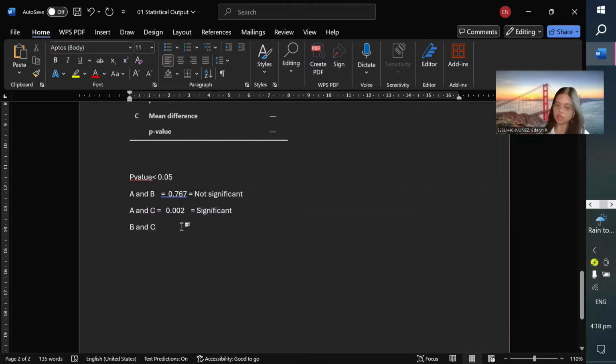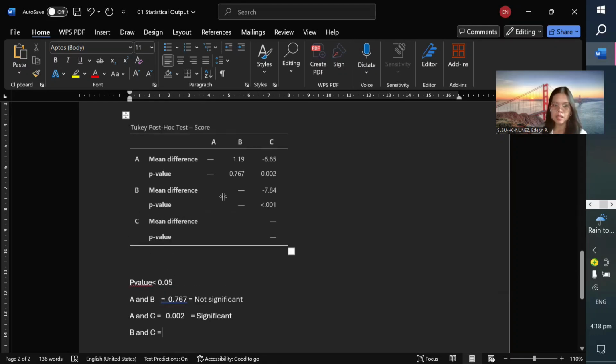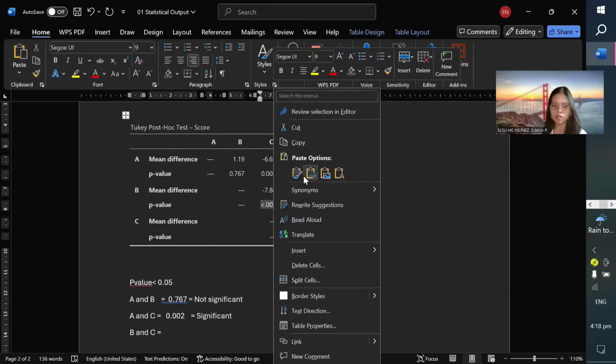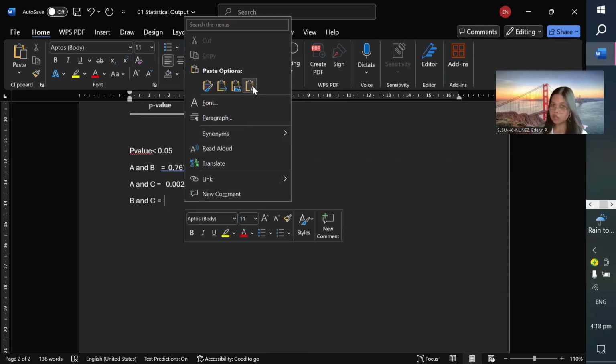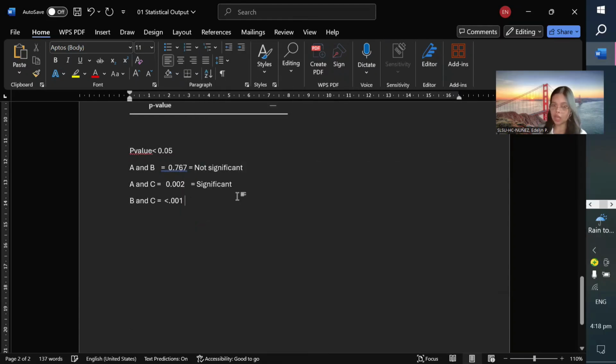So after, we will go now to the last group. Last group is B and C. So B and C, we have the p-value here. You copy and paste it here, just for you to easily analyze it. But if you're a statistician, you already know whether that is significant or not. So less than 0.001, B and C. Compare this one, decimal, decimal.